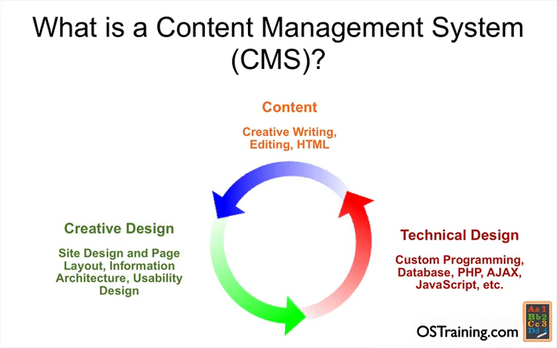This is the programming, the database, the PHP, Ajax, JavaScript, and this is what Joomla gives you as a package. Joomla creates all of the necessary code to produce the web pages that access your content and deliver it with your design. But all three of these things are separate.